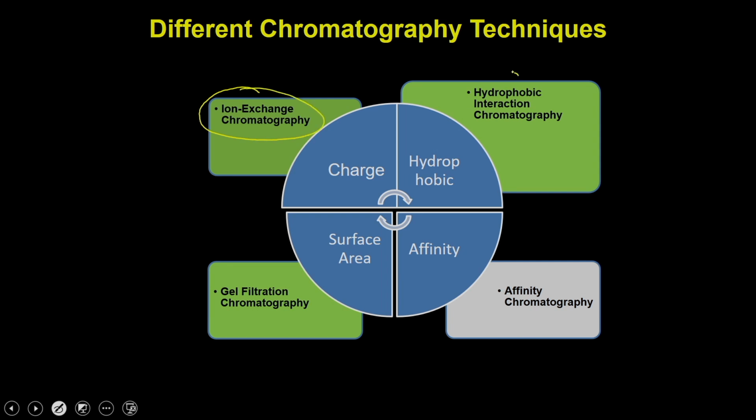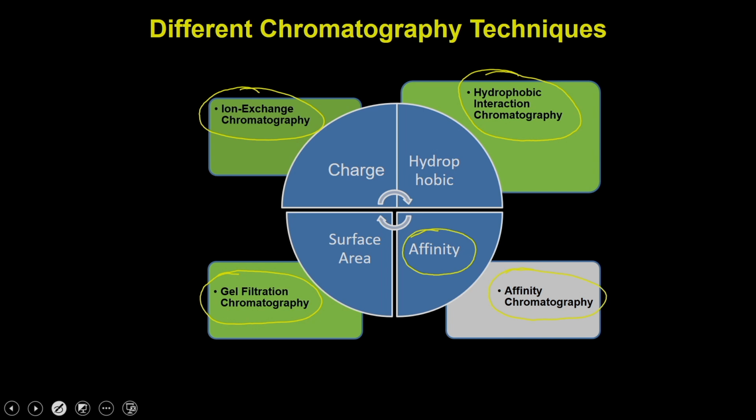In the case of hydrophobic patches, we discussed hydrophobic interaction chromatography, and in the previous lecture we discussed how you can exploit the surface area of a protein using gel filtration chromatography. Today we are going to start discussing affinity as a parameter, and the technique we are going to discuss is affinity chromatography.